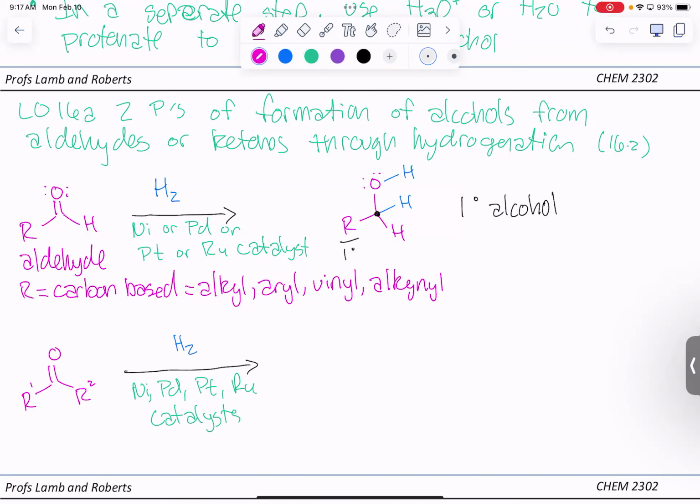And then we're going to make a secondary alcohol. It's secondary because we have these 2 R groups. We've added across that double bond, all right? So here's our secondary alcohol that we can form here.